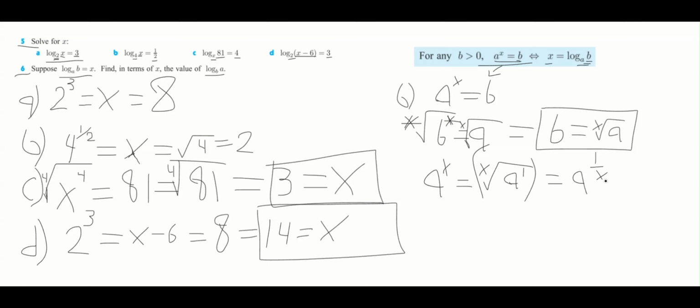So it's going to be 1 over x. And since these two bases cancel out, the difference is that here it equals x, but here, the value is 1 over x.